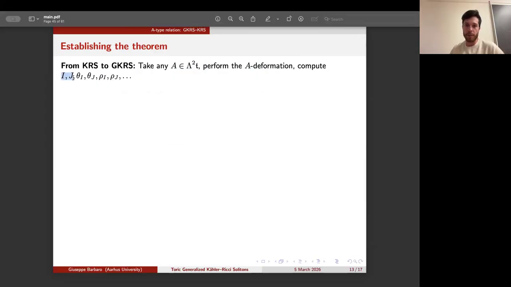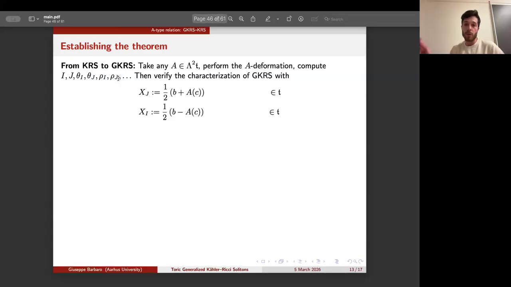These are given by the formula I gave you before. So you directly compute the Lee forms, you compute the Bismut Ricci forms, and so on. Then once you compute all of them, you check that these vector fields ξ_I and ξ_J satisfy the characterization of a generalized Kähler Ricci soliton.